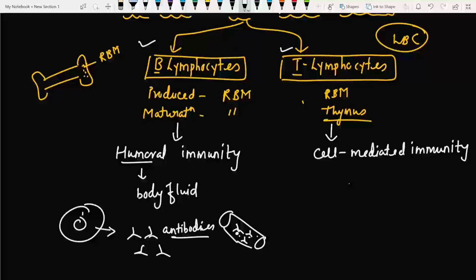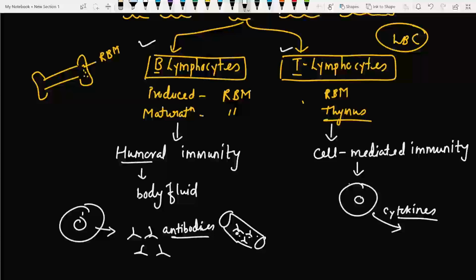What about cell mediated immunity? In this case, basically the T lymphocyte is involved. When this T cell gets activated, it will activate other cells. It will release certain chemicals known as cytokines. We will especially see the types of T lymphocytes.